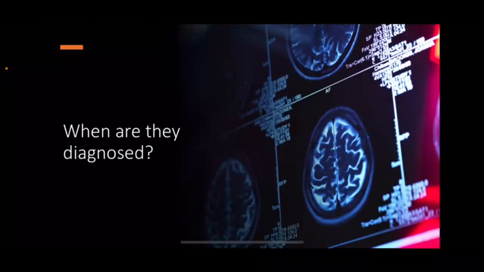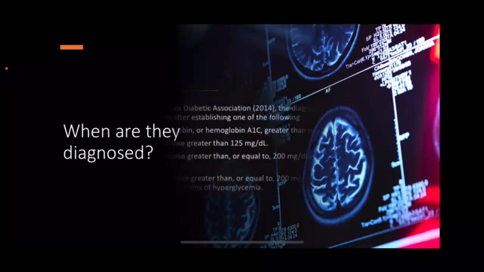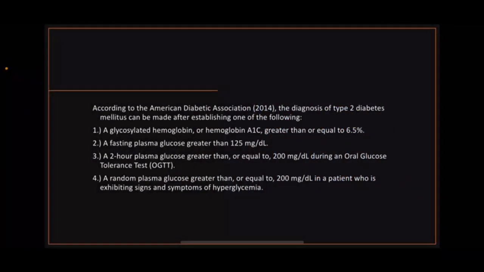When are they diagnosed? According to the American Diabetes Association in 2014, the diagnosis of type 2 diabetes mellitus can be made after establishing one of the following. 1. A glycosylated hemoglobin or hemoglobin A1C greater than or equal to 6.5%.